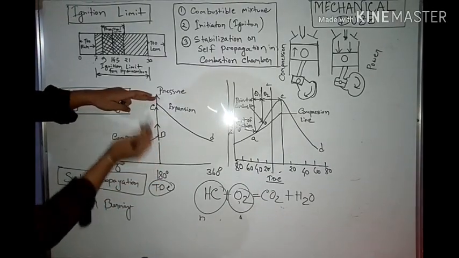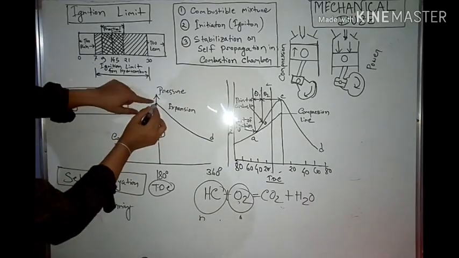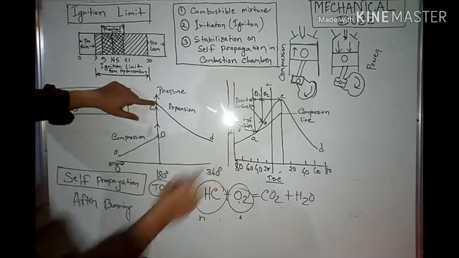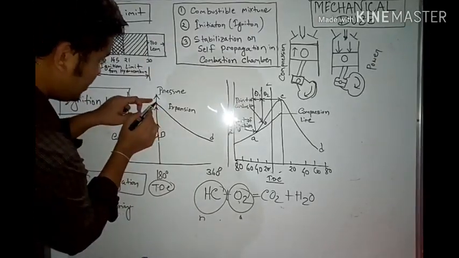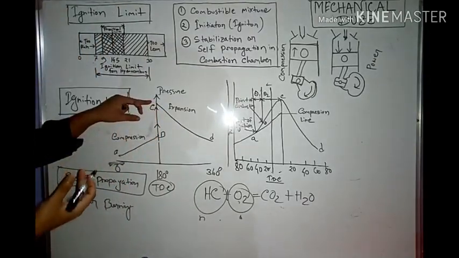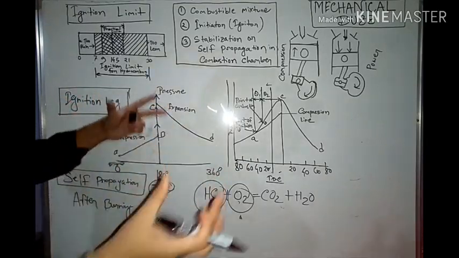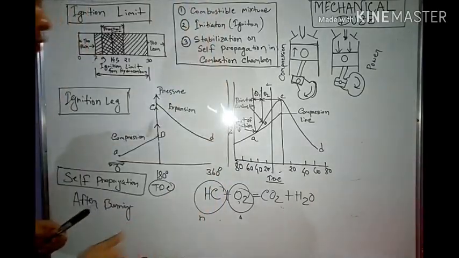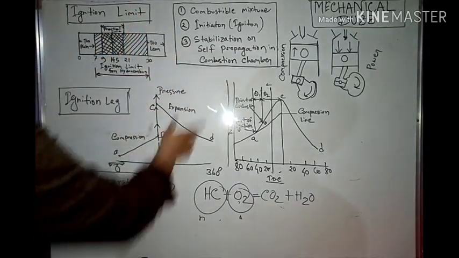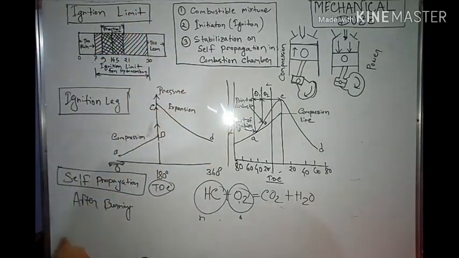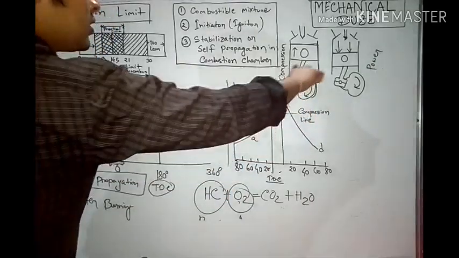After that, combustion takes place in expansion, which is the power stroke. It occurs after the ignition: an explosion happens and the piston goes down from TDC to BDC, and that's the expansion. So this theoretical diagram completes one full circle.